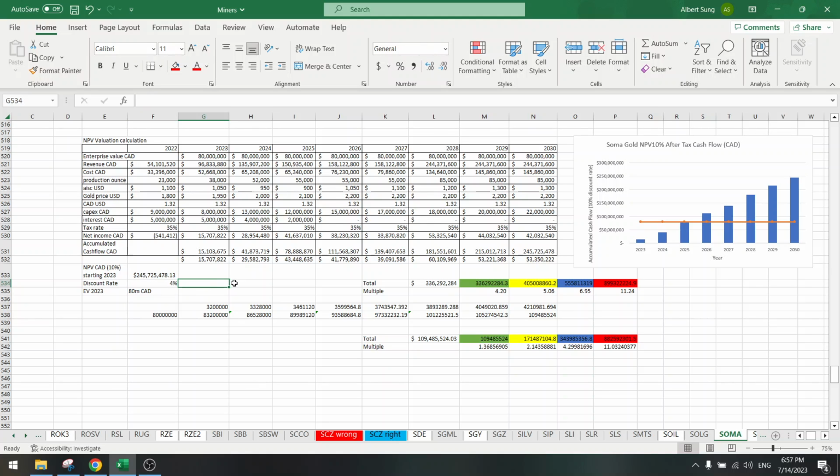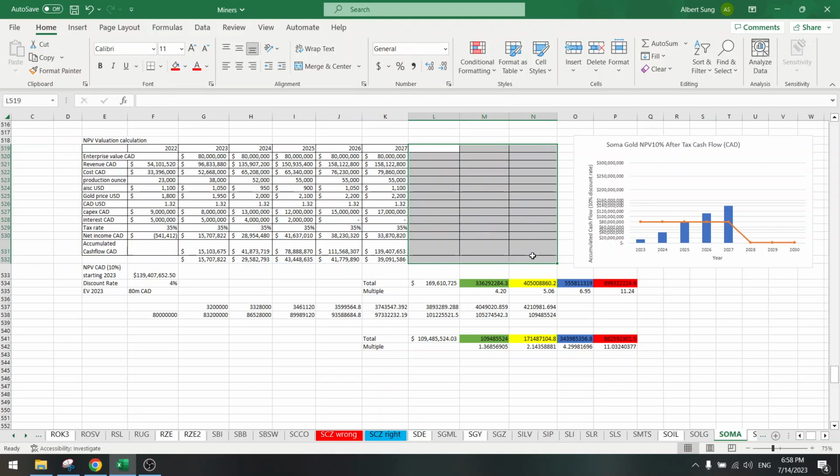Of course, it can also go the other way. Let's say that this company cannot increase production anymore, and they will be depleted in, let's say, 1, 2, 3, 4, 5 years. So let's say we cut them off here. Delete.